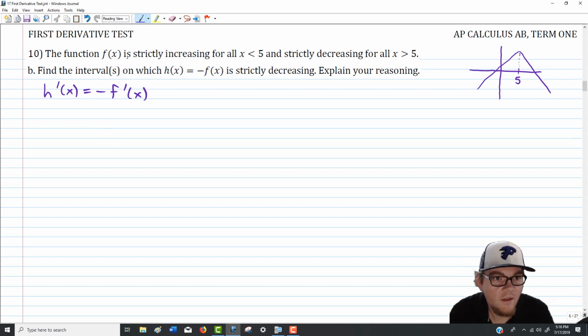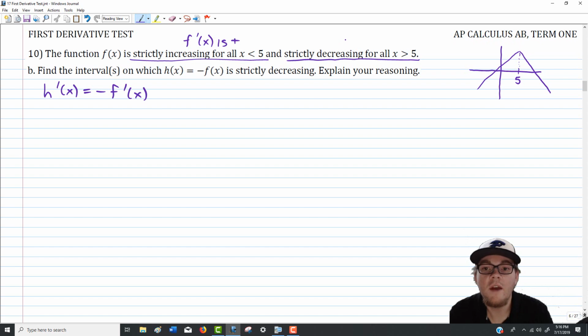So keep this in mind. If f is strictly increasing for x less than 5, that means f prime is positive for x less than 5. And if it's strictly decreasing for x greater than 5, I might have said that last one wrong, I apologize, that means f prime of x is negative when x is greater than 5.